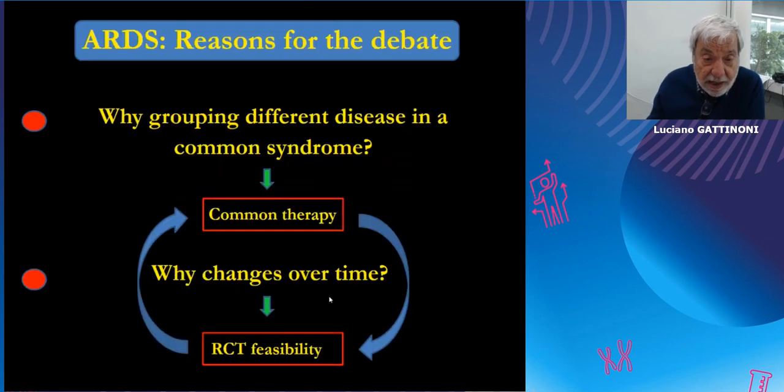Now, the reason ARDS was invented was that they found that maybe a similar final picture requires a common respiratory treatment. And this was not really wrong, because people wrote about the volume, etc. And we start with Ashbaugh.